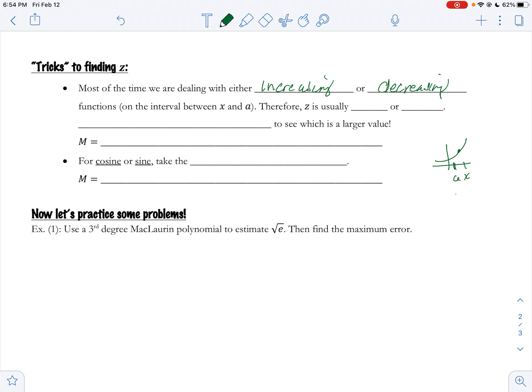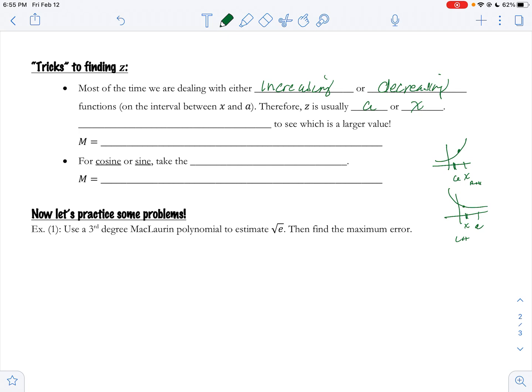If it's a decreasing function, let's say this is our x and this is our a, by the way, because sometimes one comes before the other. It doesn't matter which one comes first, and they don't always come in the same order. So in this case, my x would also be the largest, but it's the left-handed point versus the right-handed point, right? And so because of that, our z is usually either a or x, one of the two.